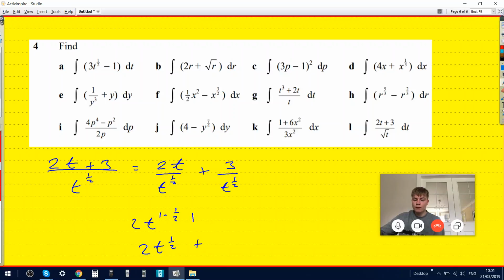And how about the other one? 3 divided by t. Three t, no, I don't know. So if you bring the t up, 3t to a half, so it's a half underneath. So minus half. Yes, that's it.